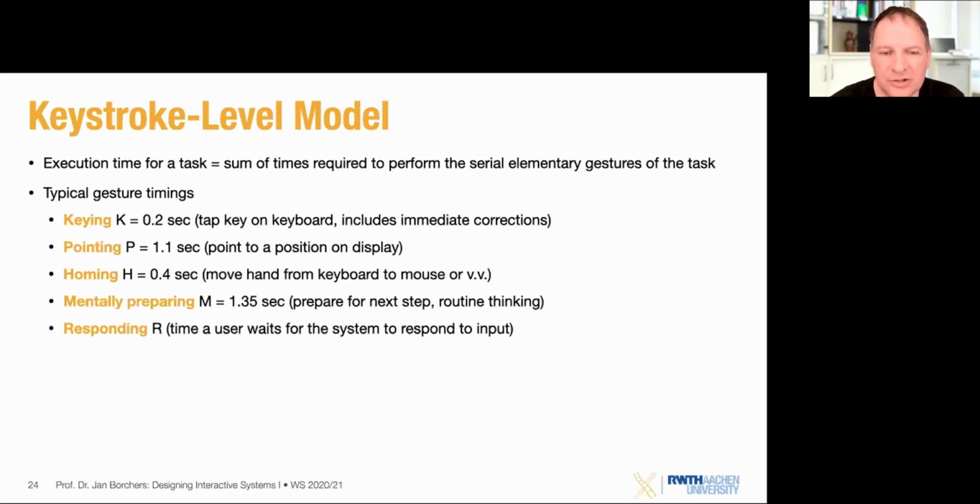So on average, if you have people tapping lots of keys, like entering a command, the estimate is 5 keys per second, which translates to about 300 letters per minute, which is pretty fast if you continue to write.